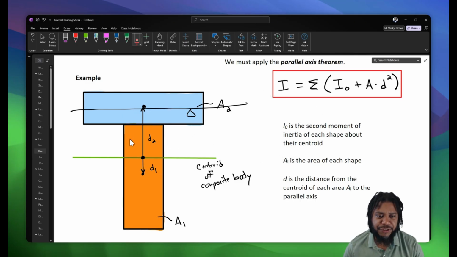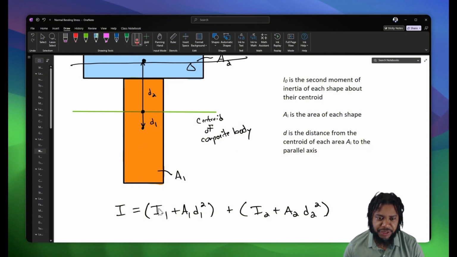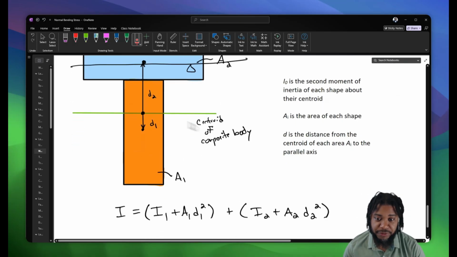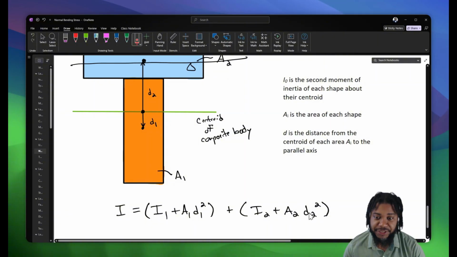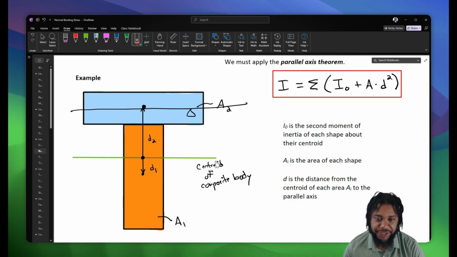For this T element, we'd simply say for element 1, which is orange, we have its second moment of inertia plus its area times d1 squared, where d1 is the distance from the centroid of the element to the centroid of the composite body, the actual center of the T. And then all of that plus the second moment of inertia of element 2 plus its area times d2 squared, where d2 is the distance from the centroid of that second element to the centroid of the composite body, the overall T itself.